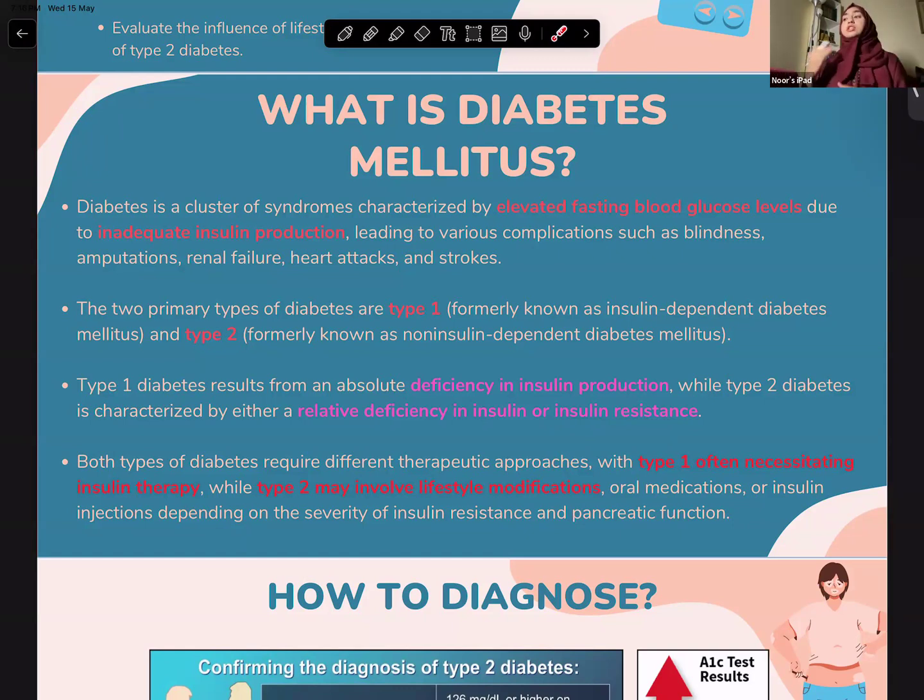There's an issue with receptors, there's an issue with the cells. In that situation, it is called insulin resistance because your body is now resistant to insulin. So in type 2 diabetes, you have insulin, but your cells are not reacting to the insulin. Or your pancreas does not produce enough insulin. So it is either a deficiency in insulin or insulin resistance.